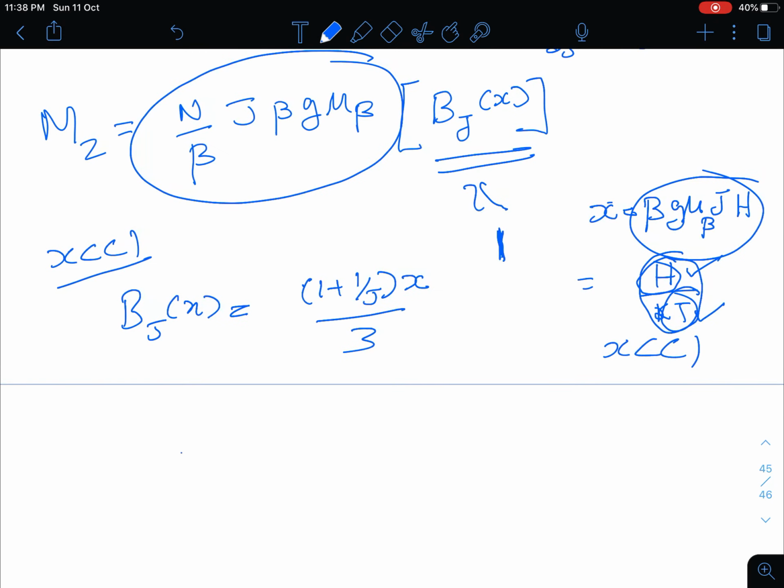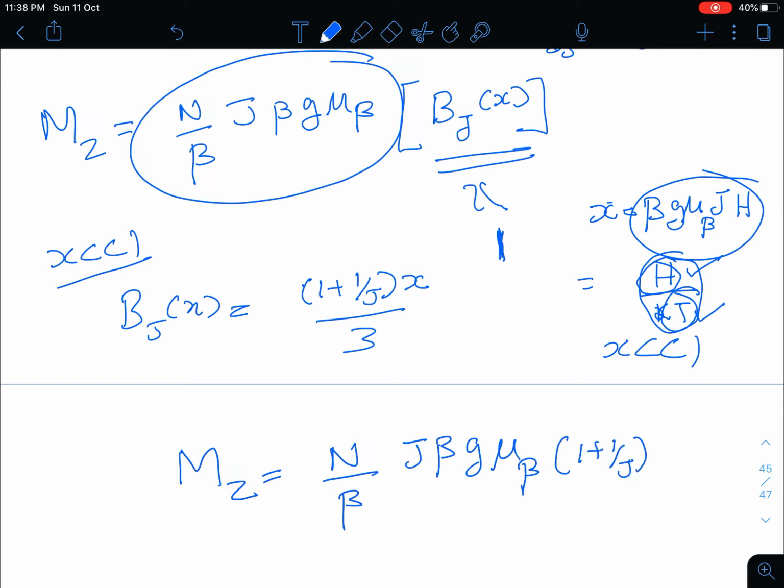So in that case the mz would be n by beta j beta g mu b, into 1 plus 1 by j x, x എന്താണ് beta g mu b j h അല്ലേ, by 3.